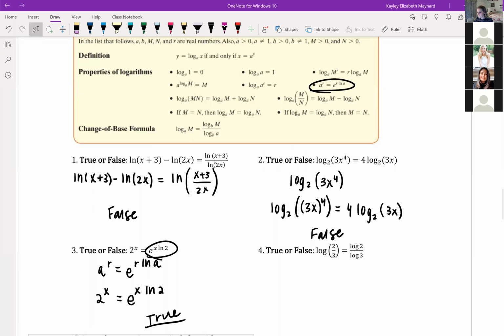And I'll scroll up in case you need the properties. Good, I'm getting some answers in. They all look really good so far.